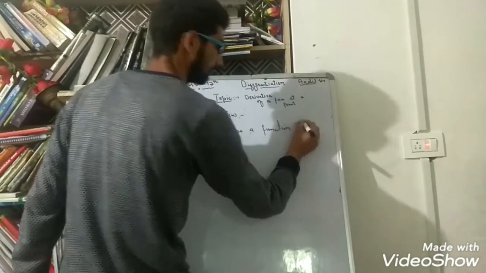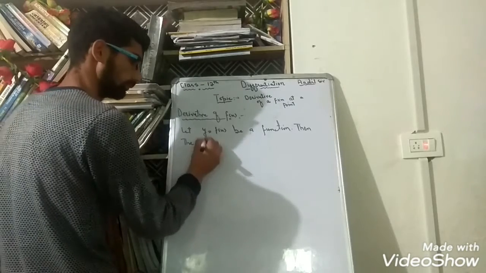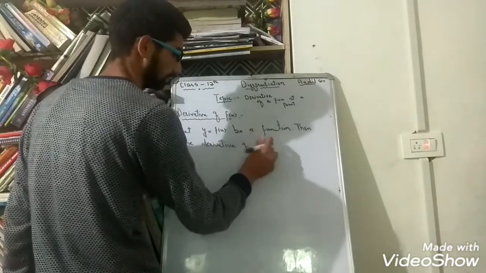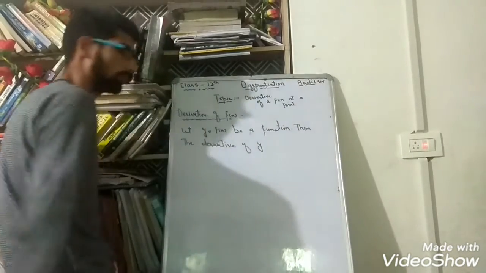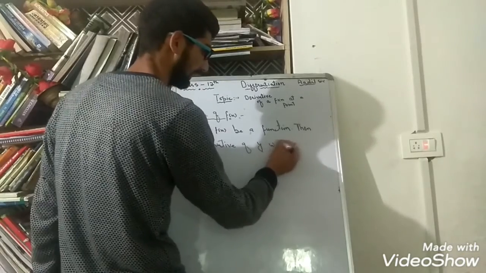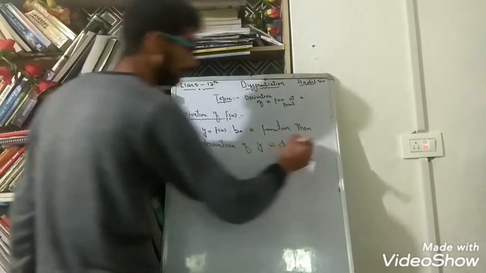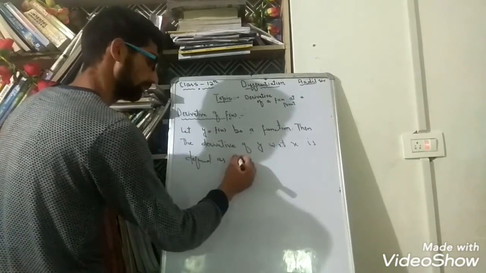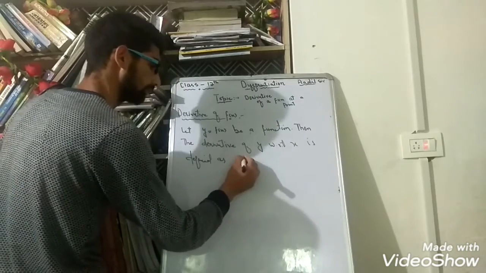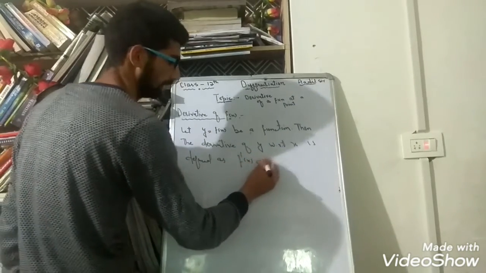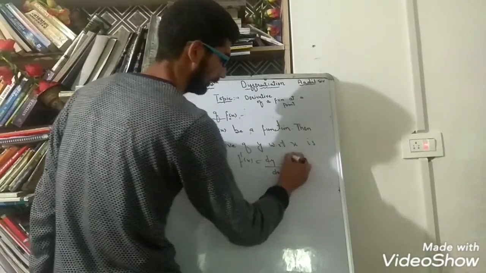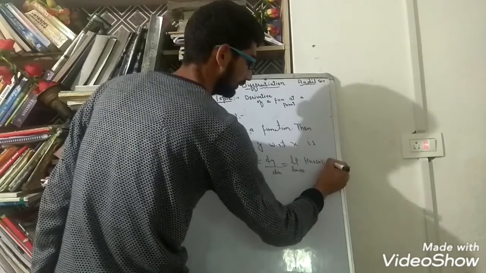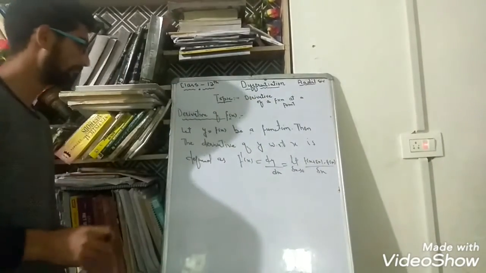Then the derivative of y with respect to this x, that increment we are making in terms of x, is defined as f dash of x is equal to dy by dx, and that's equal to limit del x tends to 0, f of x plus del x minus f of x divided by del x. You write down the definition for the derivative of f of x.